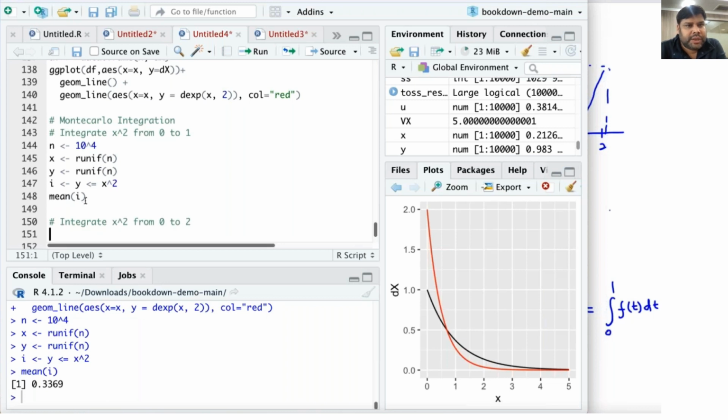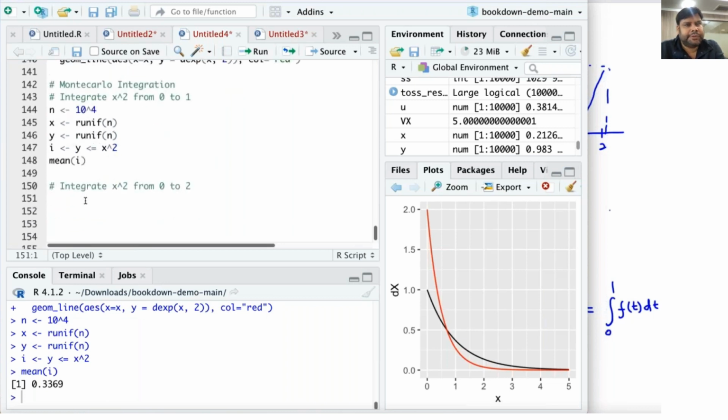What is the maximum value that x squared can take between 0 and 2? 4. So basically we need a box of 0 to 2 cross 0 to 4. So the area of that is 8.